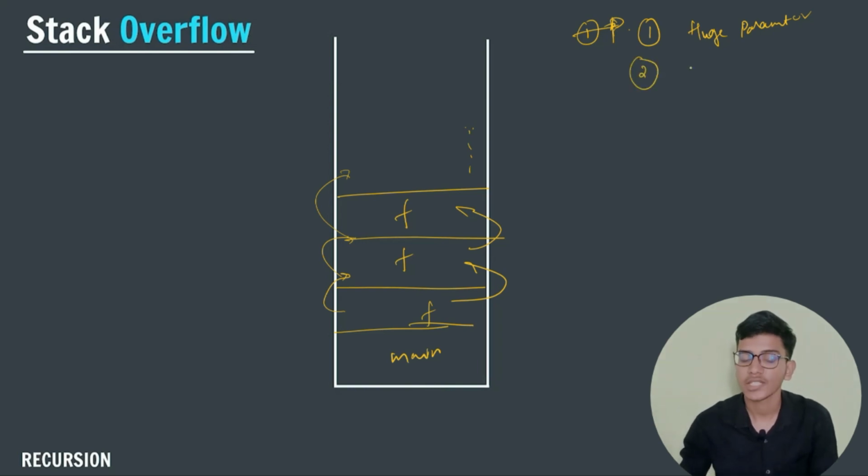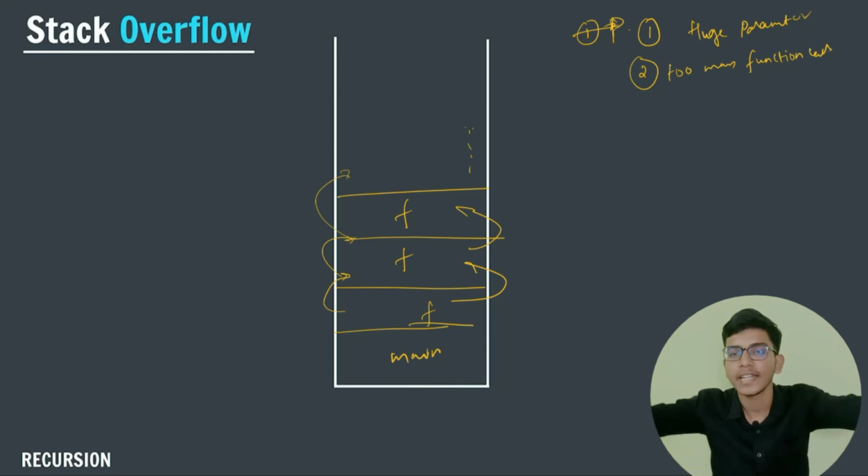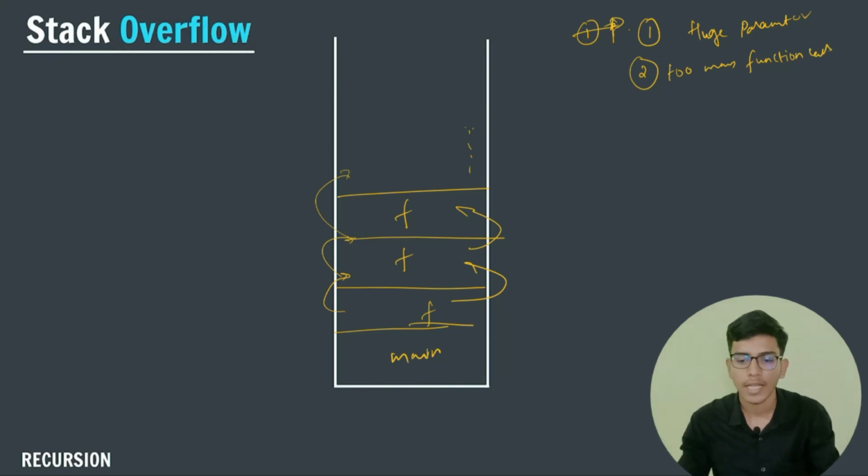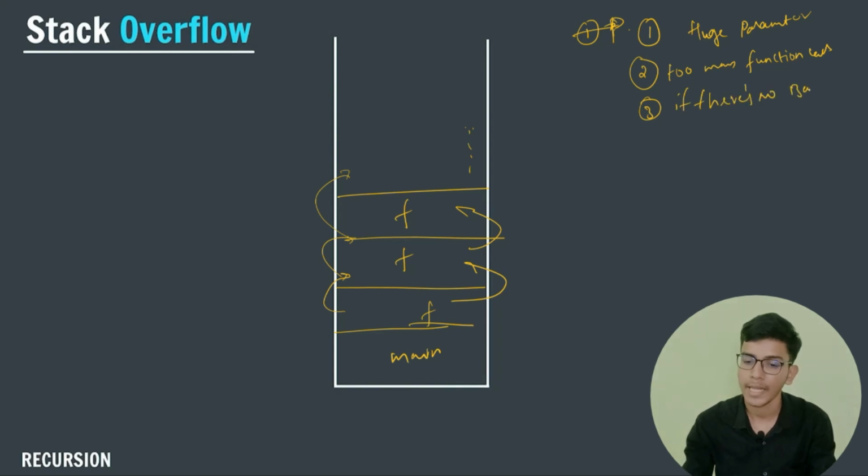The second one is too many function calls. If I am making like 10 function calls at the same time, then I will get a stack overflow condition. And the third condition is if there is no base case. So these are the three conditions for which we will get stack overflow.